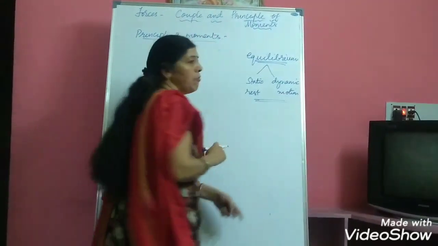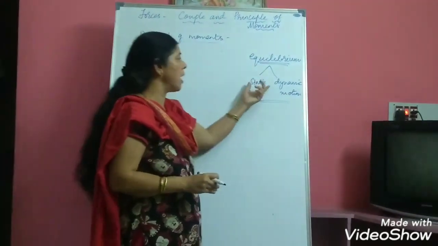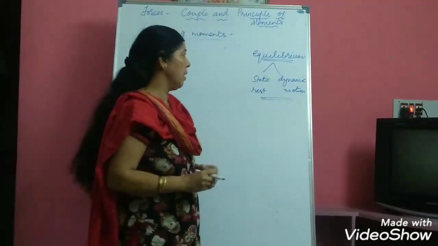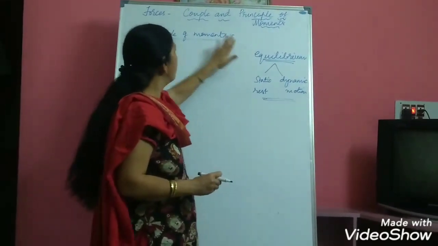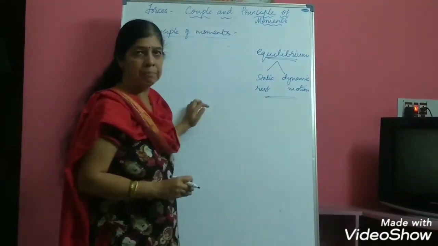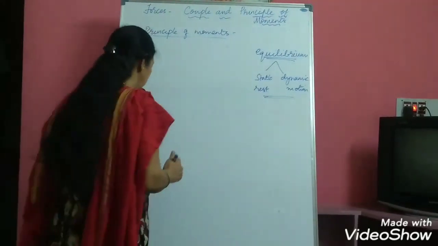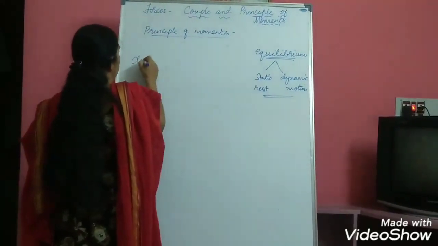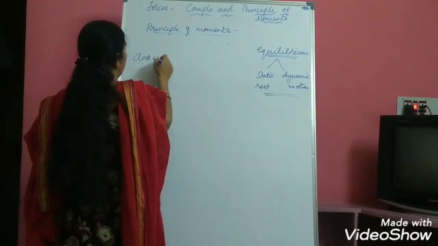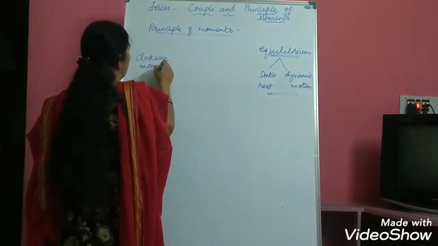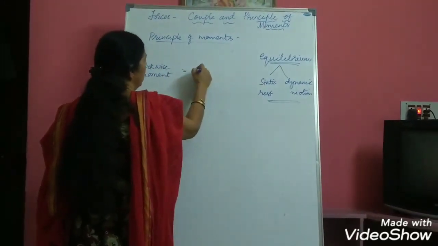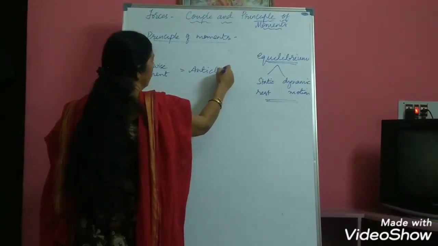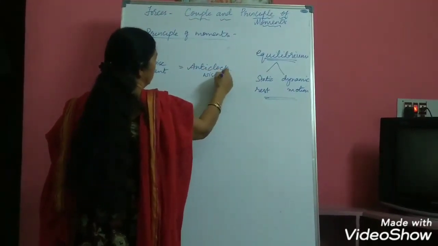So in our daily life, we come across many examples of static and dynamic equilibrium. Now, whenever a body is in equilibrium, then you must remember that clockwise moments will be equal to anti-clockwise moments.